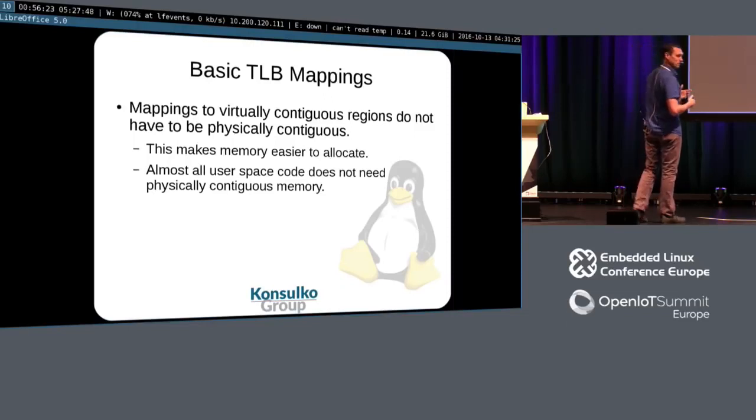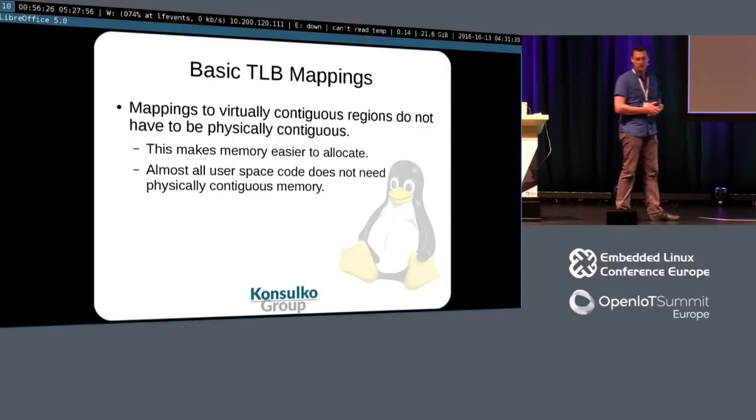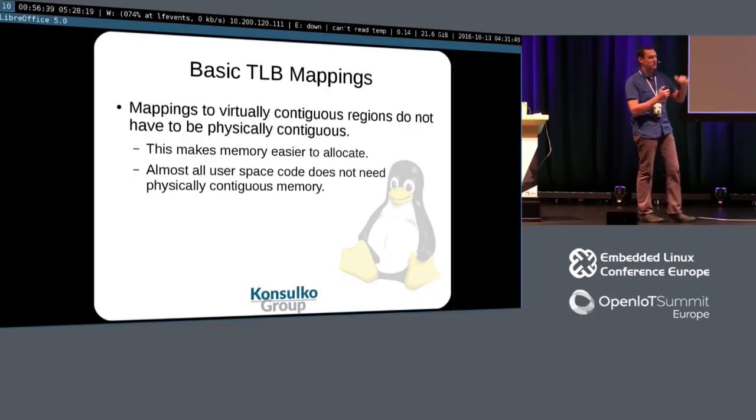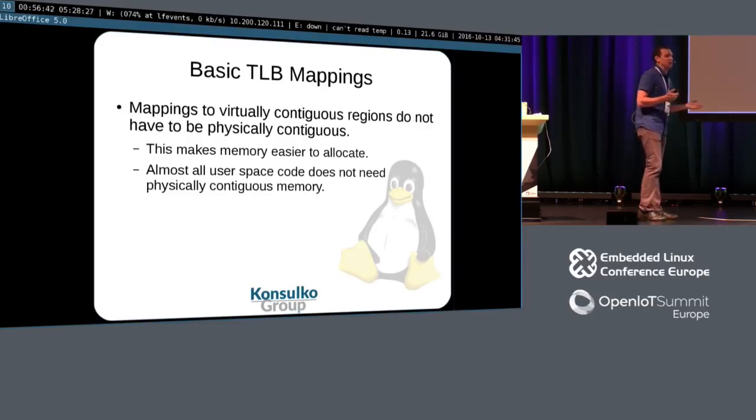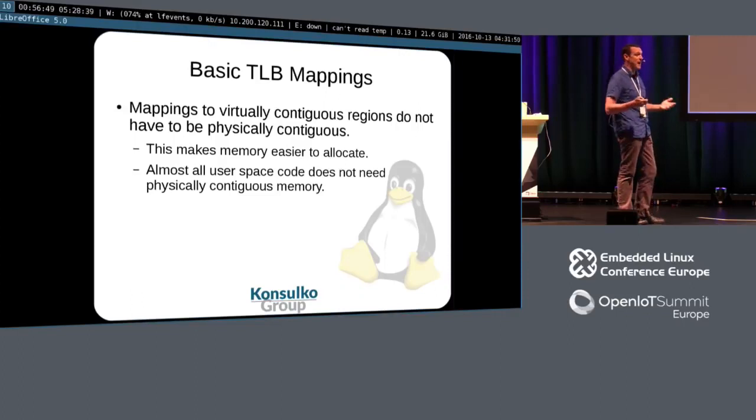If you get into how the internal memory allocators work and think about how fragmented things get, this allows you to put together a large allocation with a lot of scattered page frames. And almost everything you do doesn't require physically contiguous page frames backing your code.